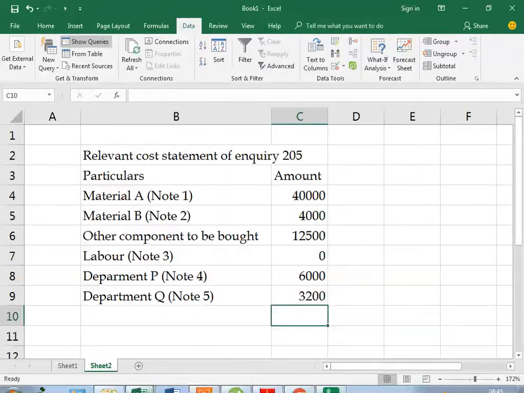It will be 8 rupees. Any doubts on this? Clear? Can you proceed? Okay.